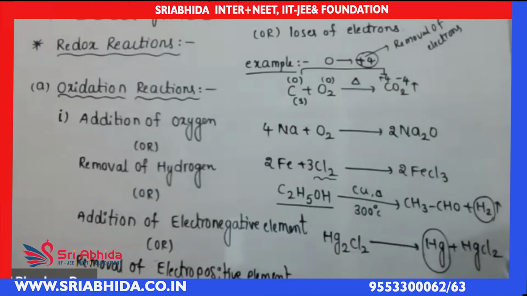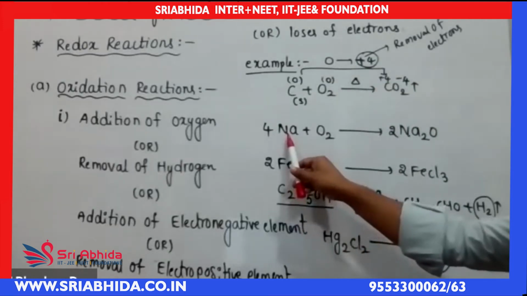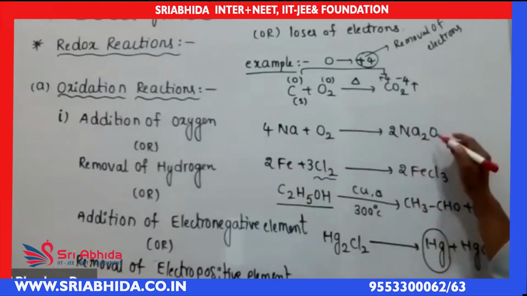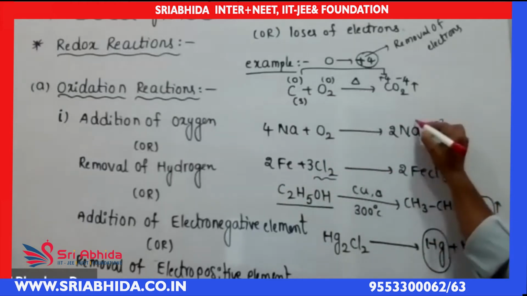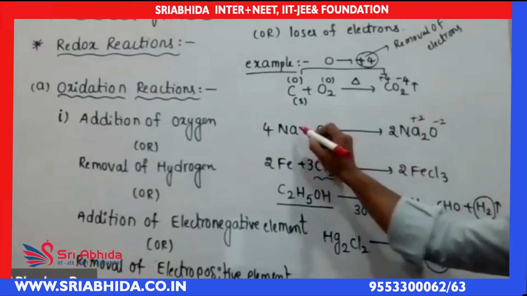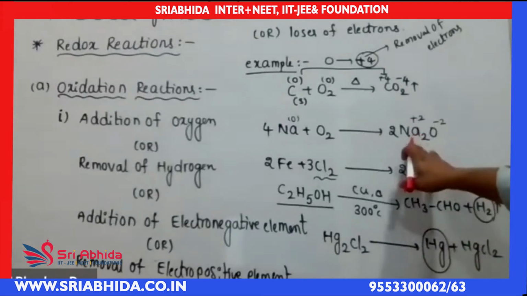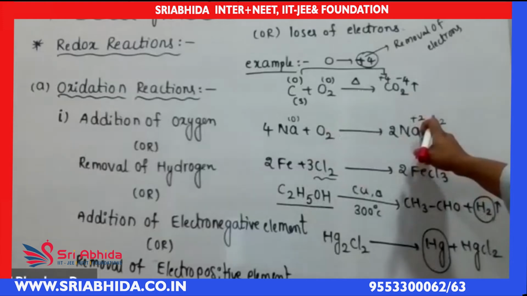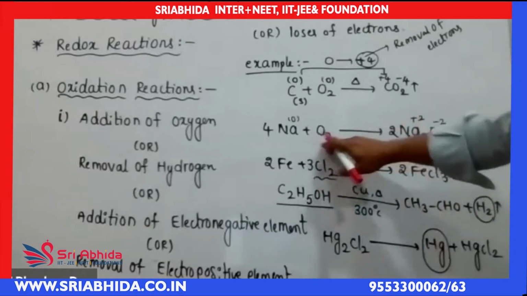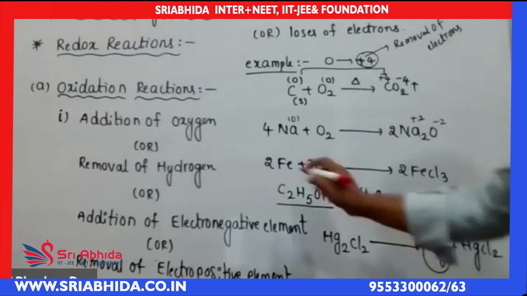So here also sodium is converted into Na2O. Each oxygen is -2, so automatically sodium is +2. So it is 0 to +2, meaning loss of 2 electrons. So this one is also an oxidation reaction.